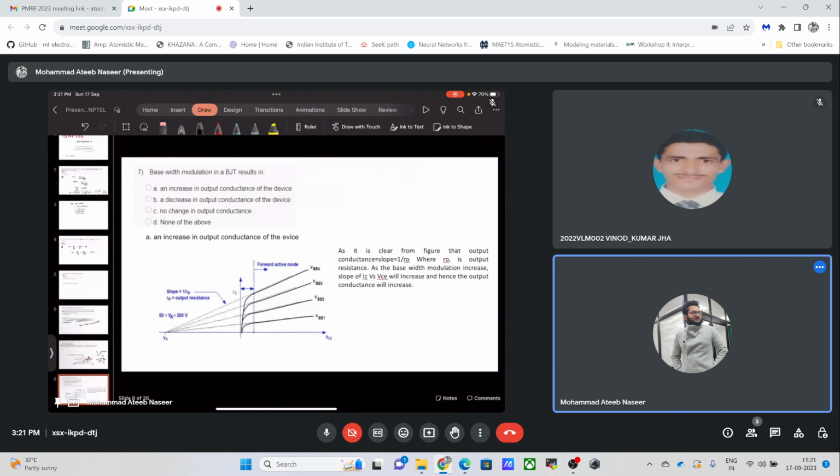Now, as I was saying previously, this has some resistance associated with it. For the BJT in forward active mode, when we have this curve of different collector currents with respect to the collector to emitter voltage for different VBE voltages, that is base to emitter voltages, we will actually have this slope in the characteristics.